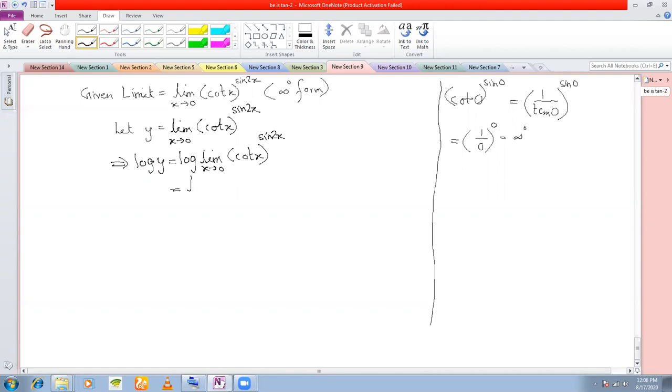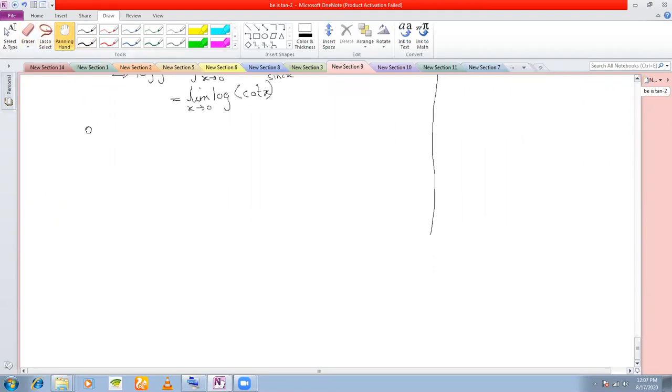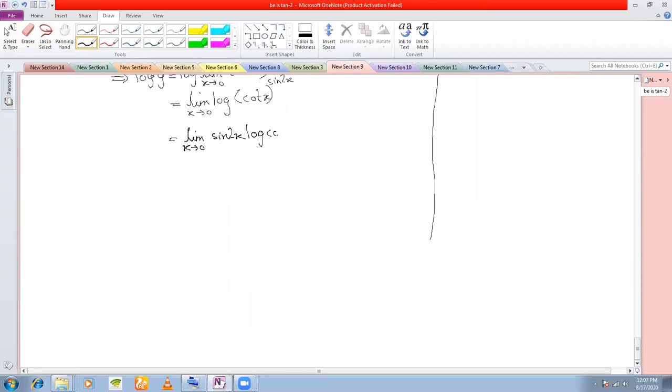Now we interchange log and limit. This can be written as sin 2x into log cot x.